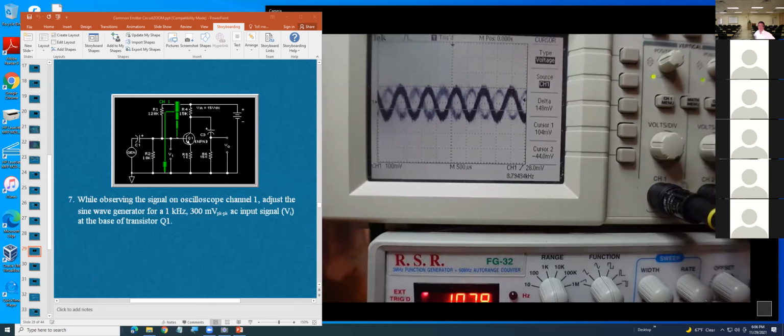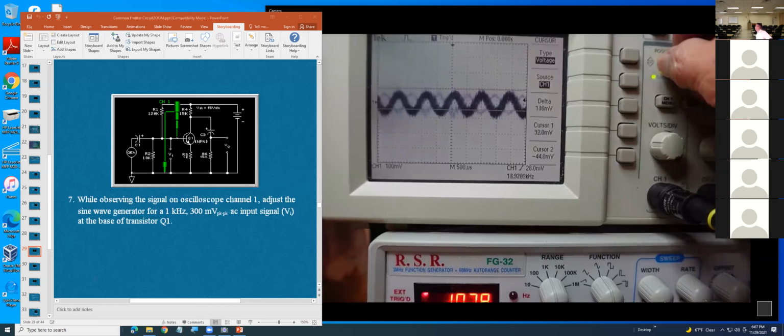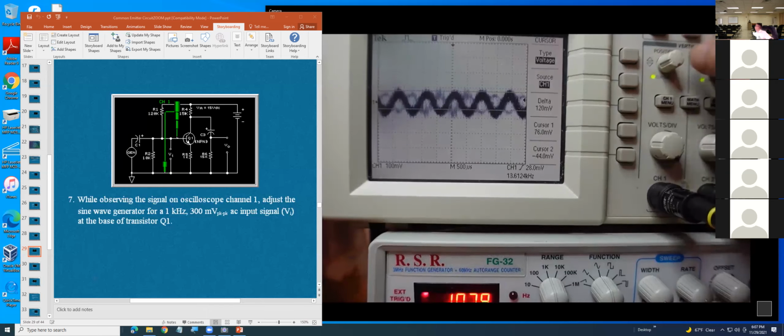They give you the value, delta 140. Then you have to adjust the generator going a little down, and adjust the cursor. Okay, that will be 100 millivolt.